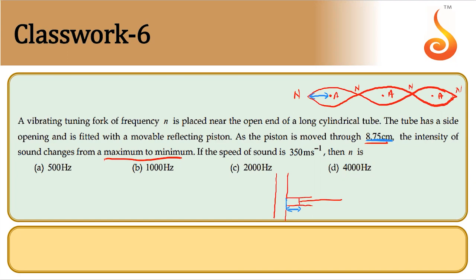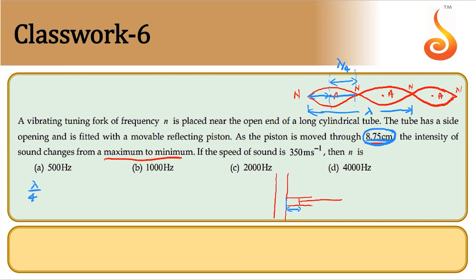So let us say you have moved from maximum intensity to minimum, so antinode to node. See, this is called one loop. So one loop distance is lambda by 2. Distance between an antinode and a node is lambda by 4. So this distance must be equal to lambda by 4, right?